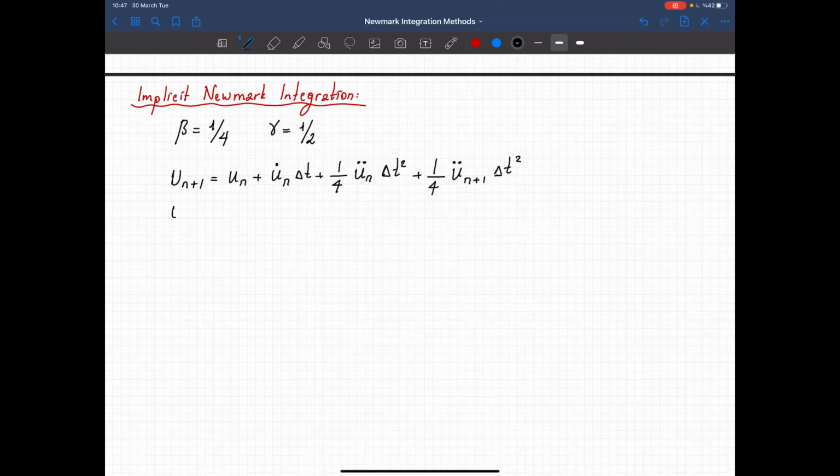And the velocity u dot n plus 1 is equal to u dot n plus 1 over 2 u double dot n delta t plus 1 over 2 u double dot n plus 1 delta t.